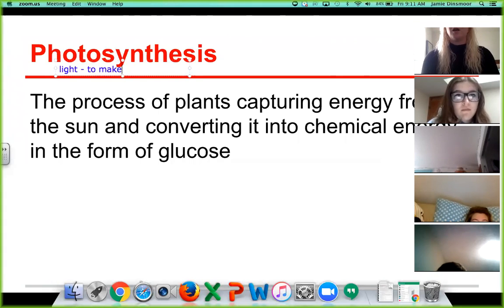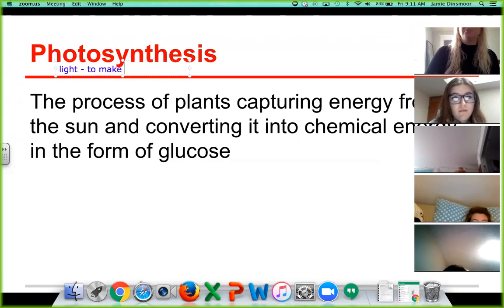To make. So if we translate the word literally, it means light to make, right? Which really we can kind of imagine, okay, using light to make what? To make sugar, right? So you can kind of add the word sugar in your mind there. Using light to make sugar is the short and easy definition of this.